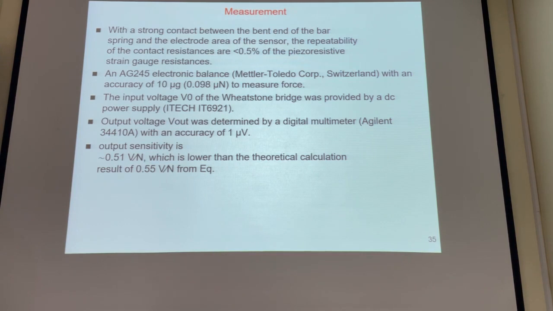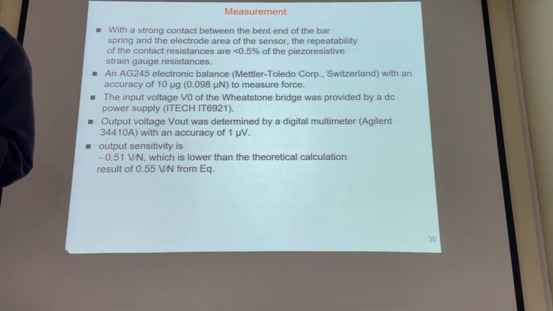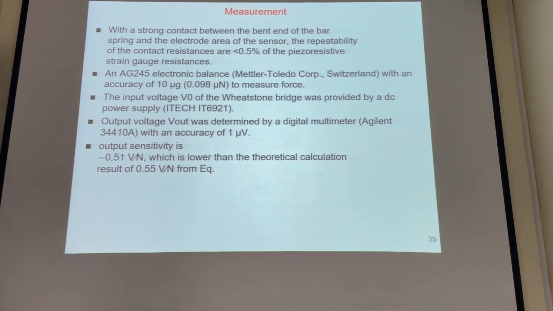If it is less than a millivolt, it's too small to measure because we have noise, we have a lot of uncertainties: electronic noise, thermal noise, even vibration noise. So it's not easy to do this measurement.